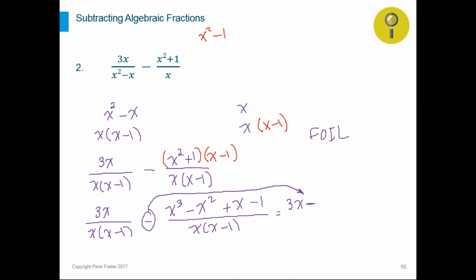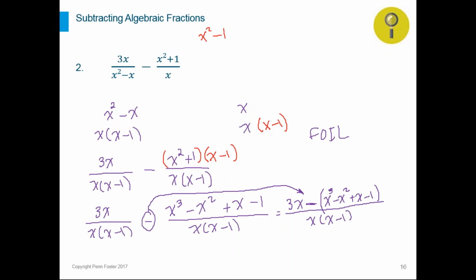So minus, open a big parenthesis and write down the second numerator. And we're going to see now why this step is so important. Minus x to the third minus x squared plus x minus 1, and we have our common denominator.